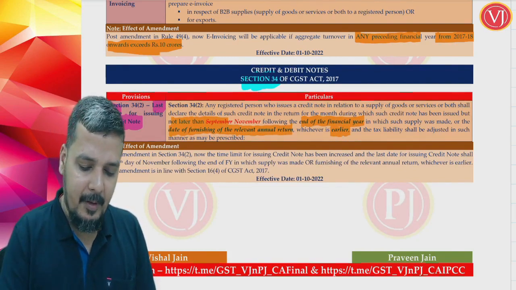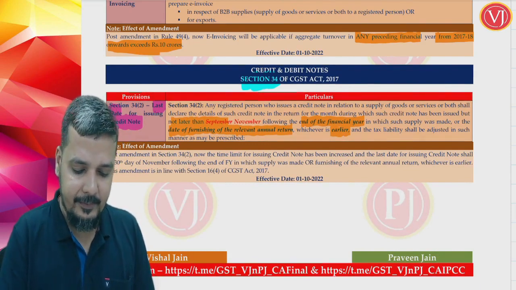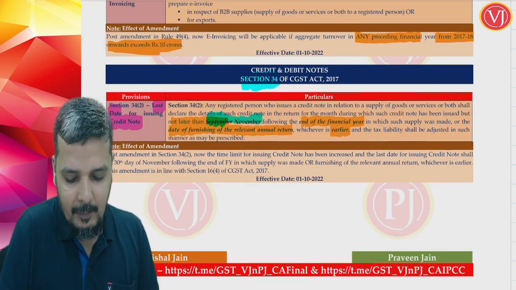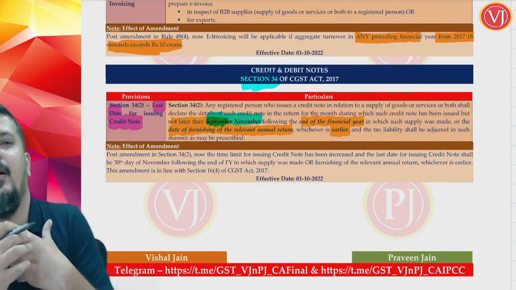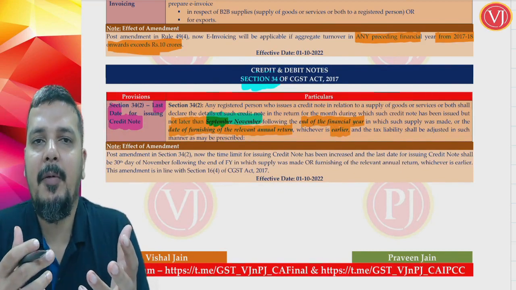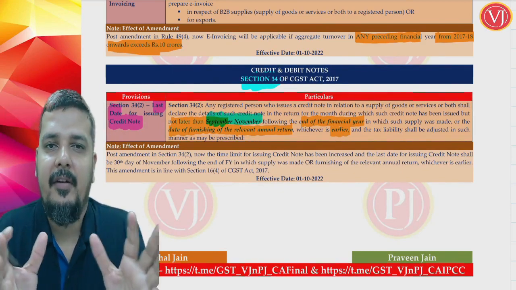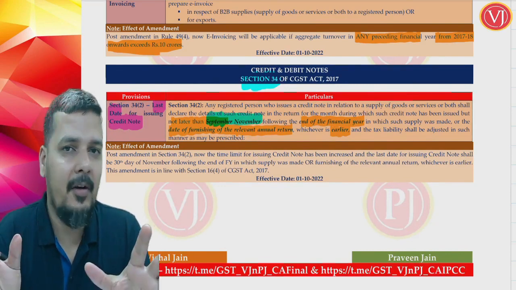Now that September has been replaced by November. This amendment is in line with the amendment in the time limit for input tax credit everywhere. September is now replaced by 30th of November.